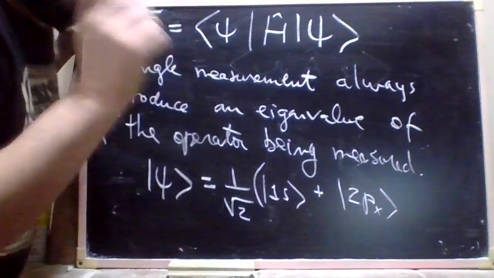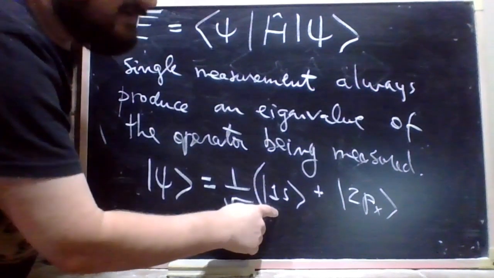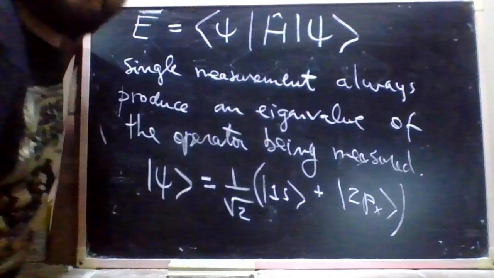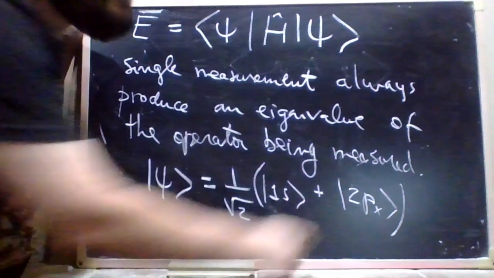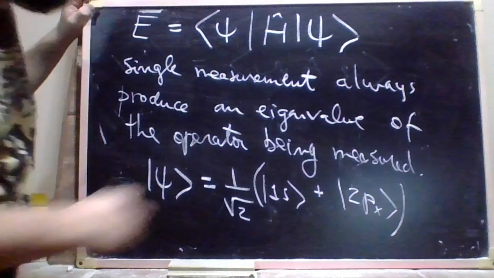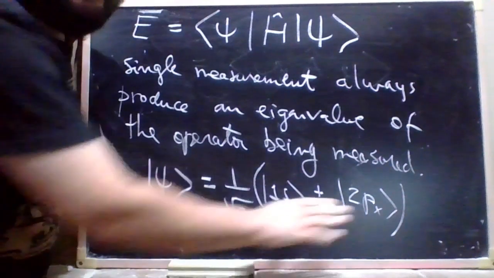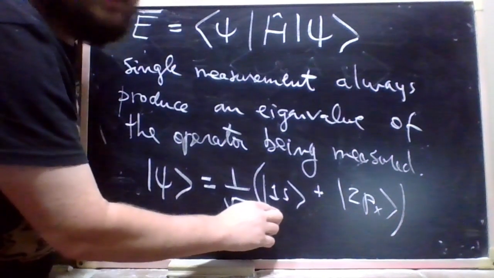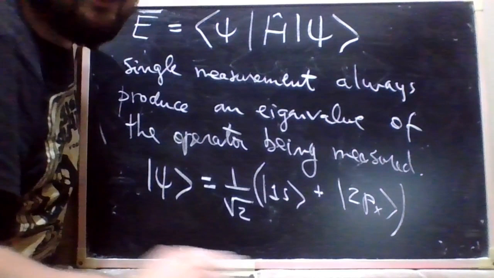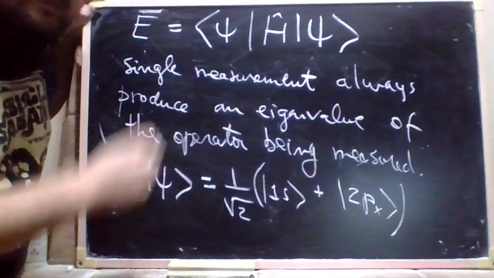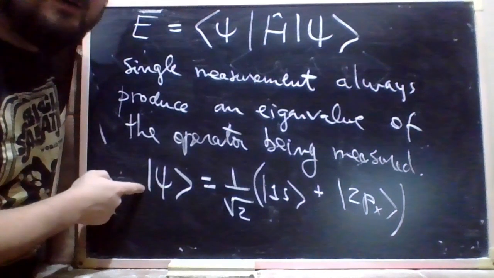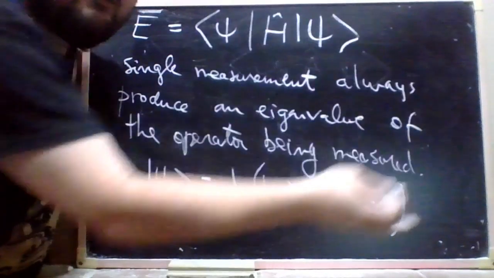When you measure energy, you'll find the fundamental energy of the hydrogen atom or the energy of the second layer, the principal quantum number n equals 2. In a single measurement, 50-50 chance in this state, you'll find either the energy of the fundamental state or the energy of an excited state. Just that. So you need to prepare many hydrogen atoms with this state here and measure independently all of them.